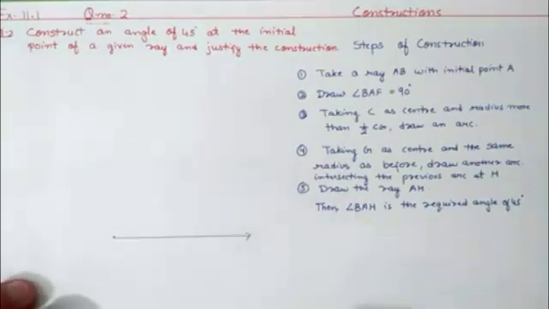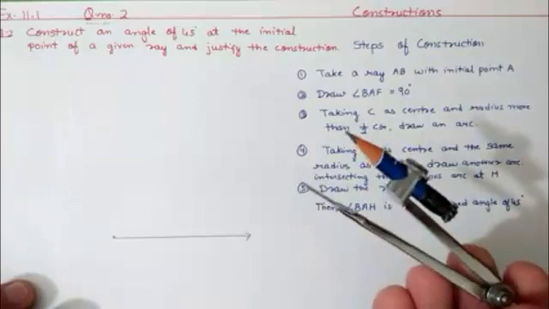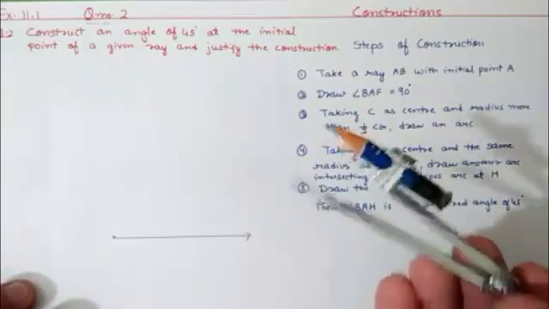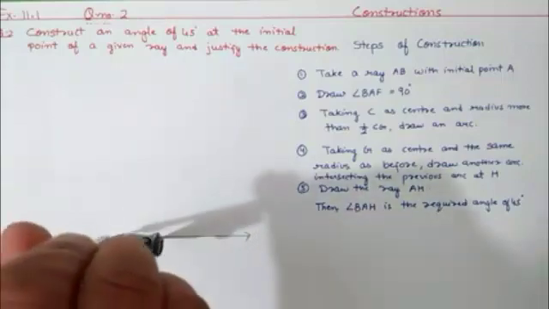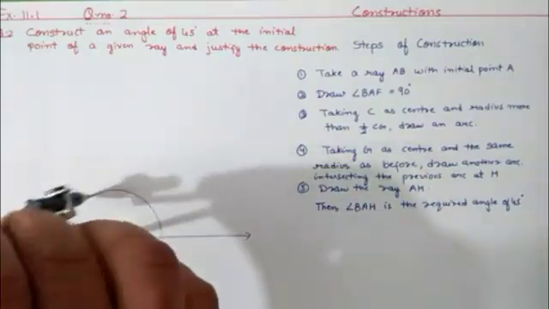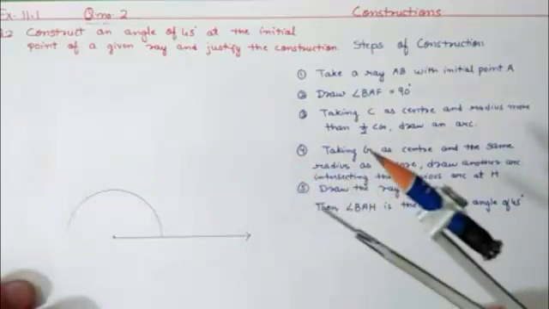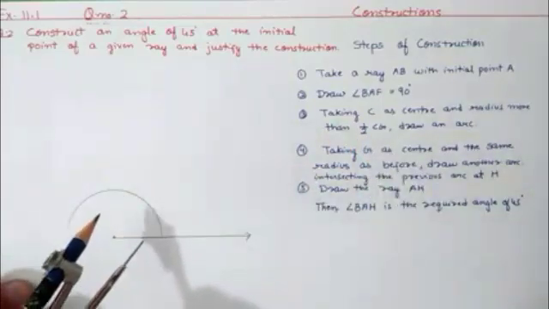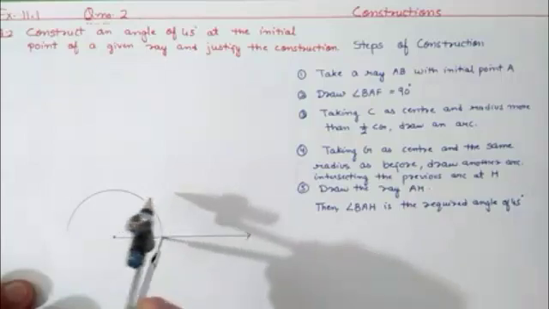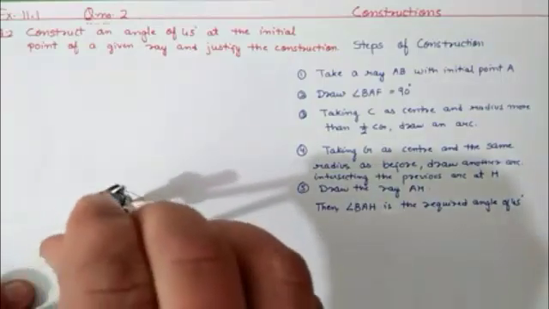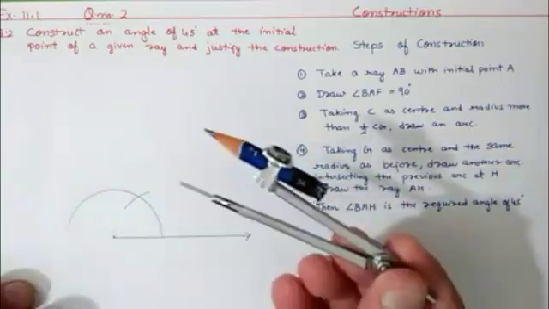After that, you have to open an arc of any length. Open it, not so big, not so small, and make one arc over there. In that arc, from the pointer, you have to mark one point, and that will become your 60 degree angle.